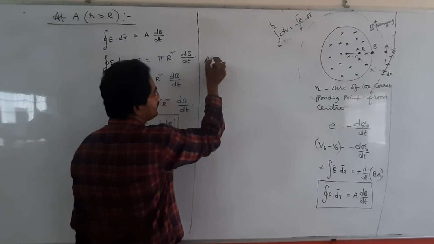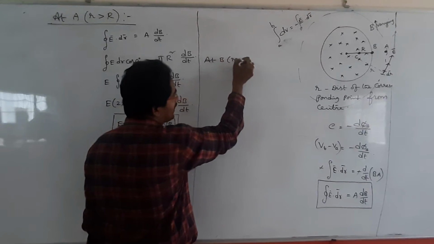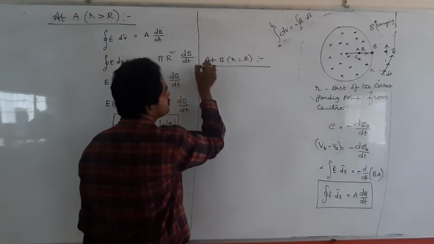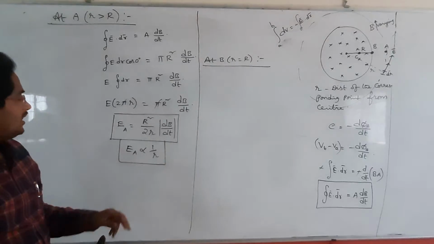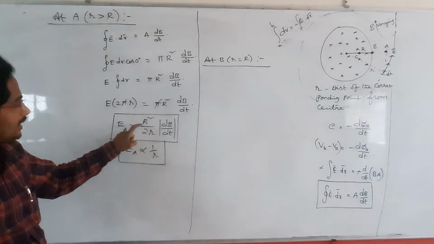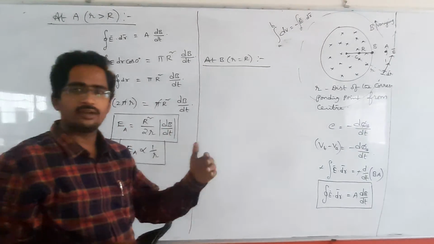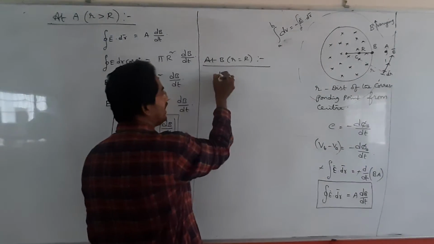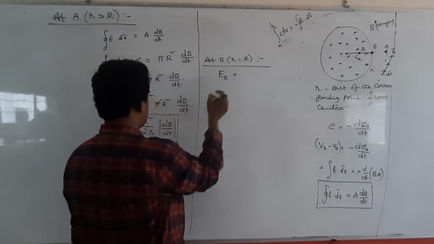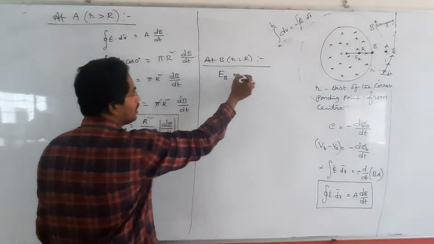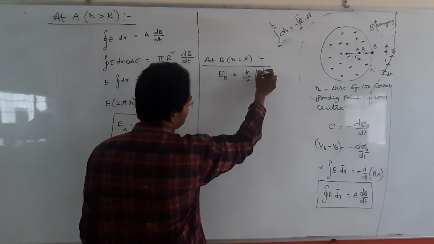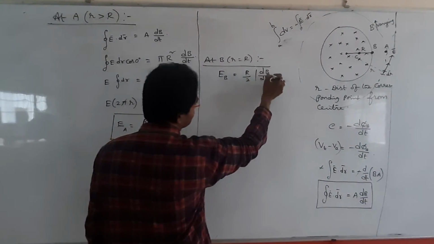At B, smaller r and capital R are equal. If you put smaller r equal to capital R here, such that the value at B, what here? R cancels. So R by 2 into dB by dt.